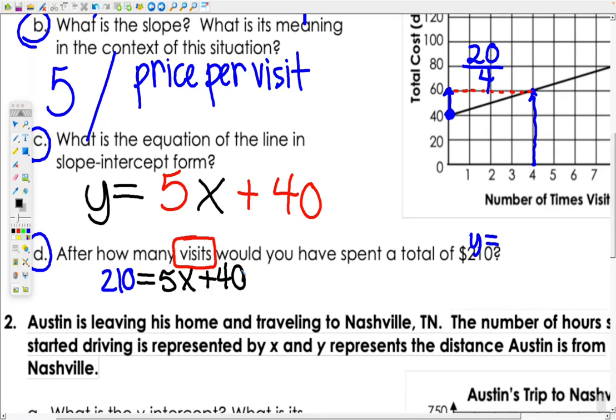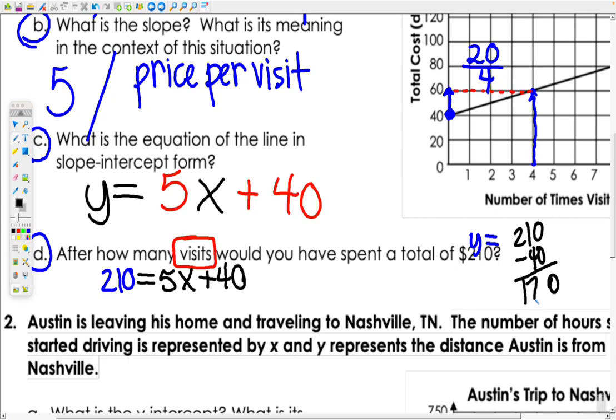If you want to reason through this and know that you have to take the fee away and divide by each cost, I'm fine with that. This is a mathy way of solving it because you're simply solving the equation. But some of you are thinking in your brain, if I spend 210 and subtract the fee, then what's left is divided by what I'm paying each time I go.